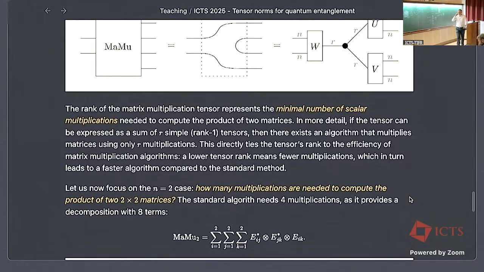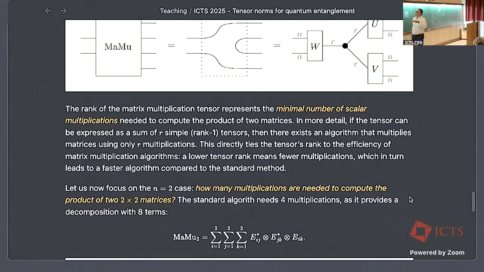So the question is, what is the rank of this matrix multiplication tensor? The first claim I want to make is that the rank of the matrix multiplication tensor is precisely the number of multiplications you have to do when computing a matrix product. Why is this?